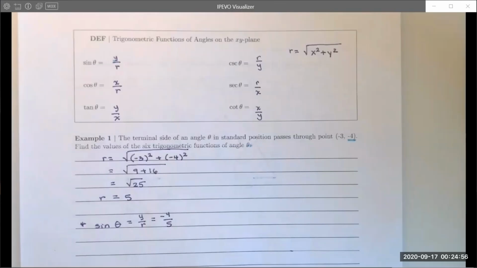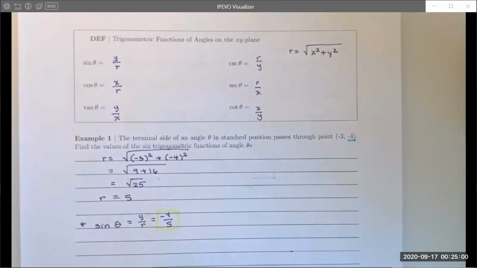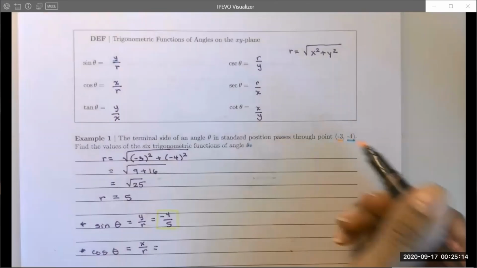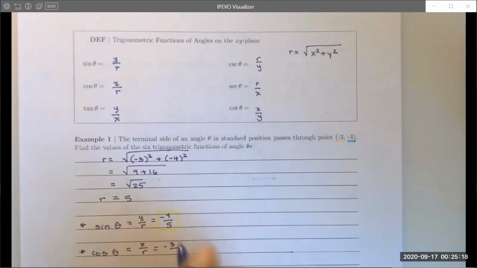Okay, next trig function would be cosine. For cosine of angle theta, we have x over r from the formula. X is now -3. And so -3 over r, which is 5.